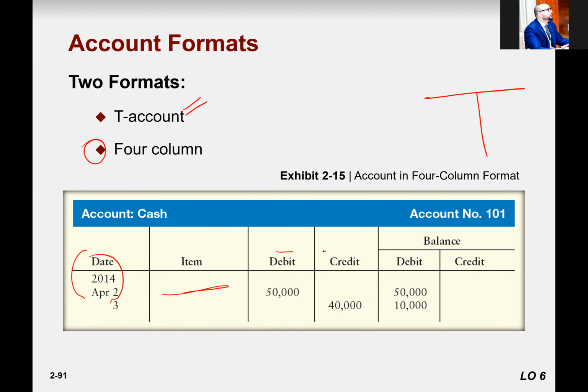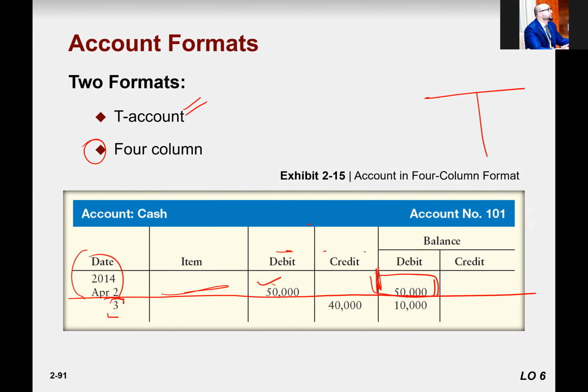How is this balance column calculated? It is basically simple. You make an entry on April 1 of debit 50,000. Is there any entry on April 2? No, the balance is a debit balance of 50,000 because debit is greater than credit.